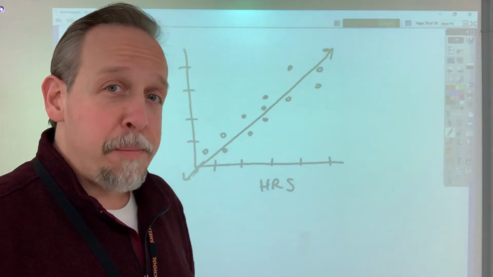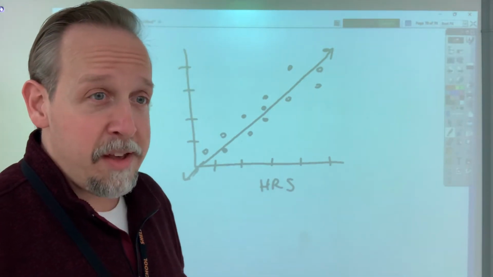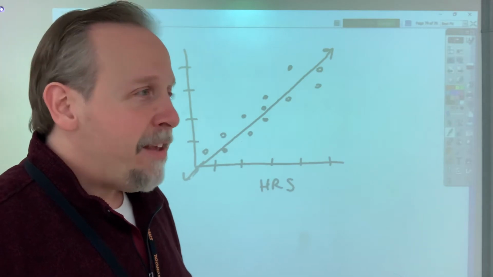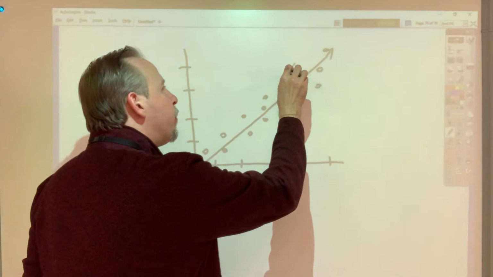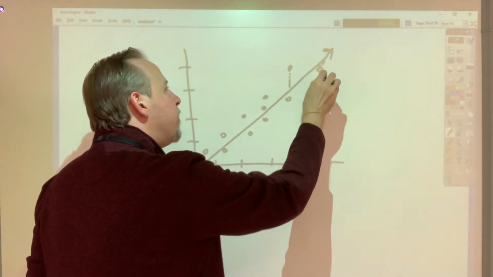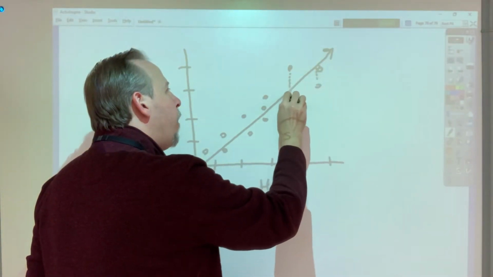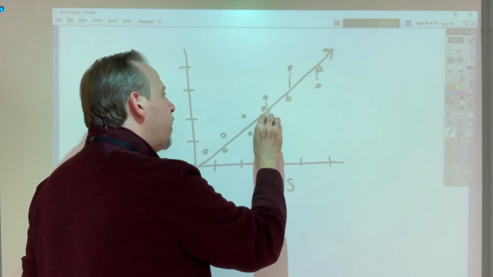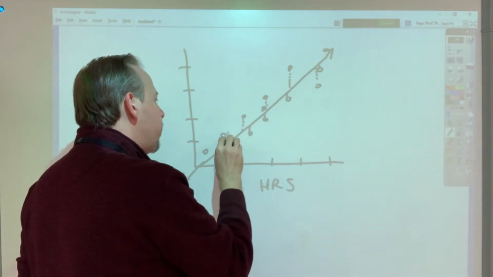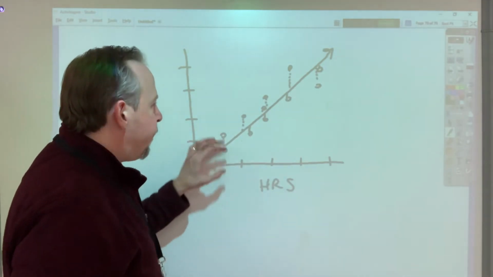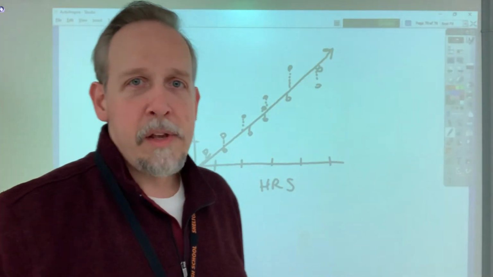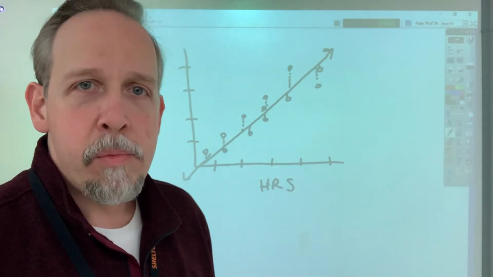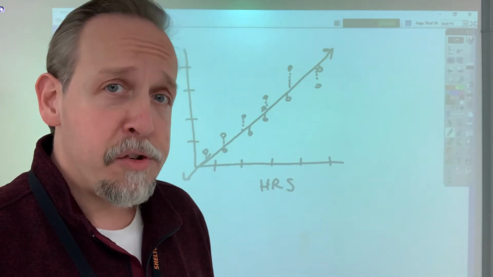There's a reason why it's called a least squares regression line. Also, the way it's drawn by the calculator when you have it do regression is that it takes all of these vertical distances of each data point from the trend line. See all those vertical distances? The vertical distance of each data point from the line is essentially the amount of error we've found when trying to make a prediction.